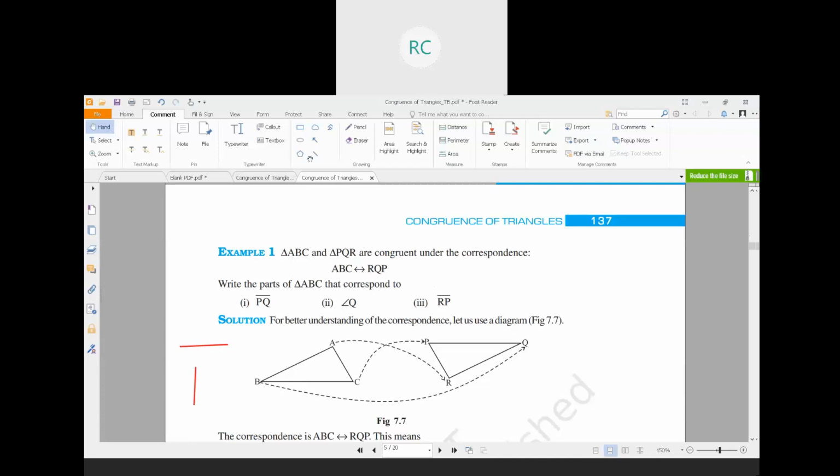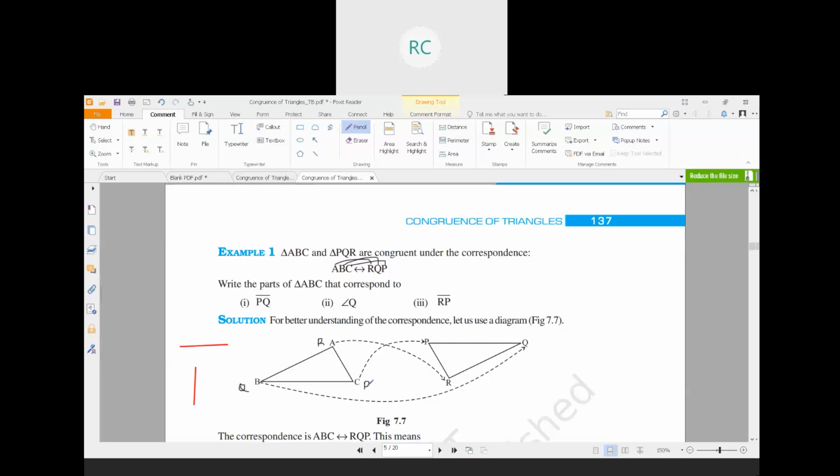That is, A is corresponding to R, B is corresponding to Q, and C is corresponding to P. Means, if I rotate this triangle like this, R would come here. I'll just write it next to A. Alright? Q would come here and P would come here.